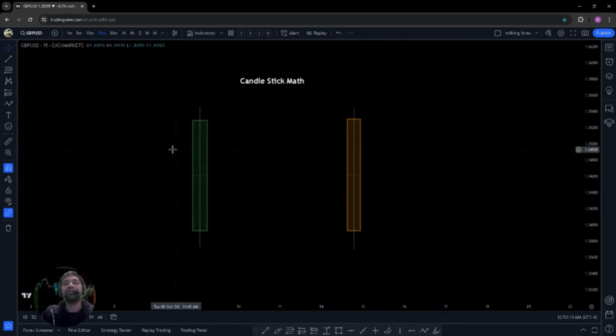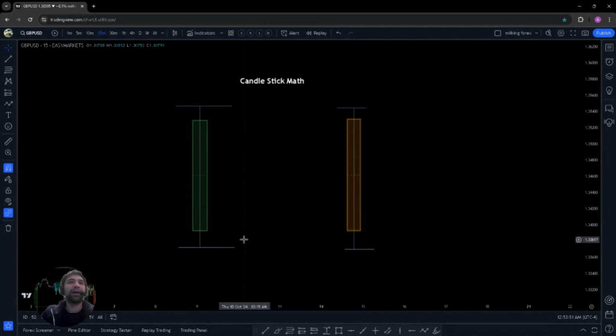So what are the components of the candlestick? This point is the low, the lowest point where the price came, while this is the highest point where the price went up. Similarly, this is the lowest point and this is the highest point that the price went.